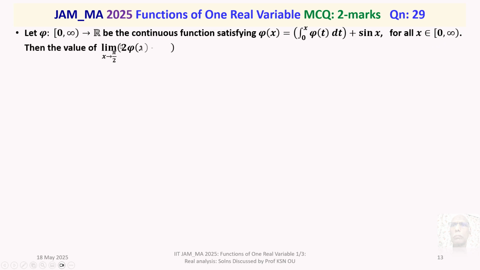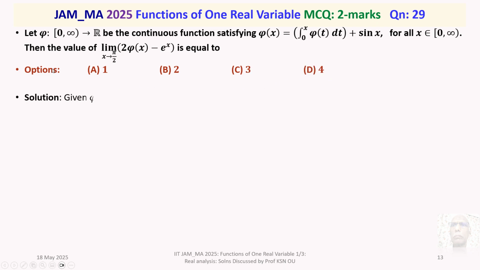Then the value of limit x tends to pi by 2 of, in brackets, 2 times phi of x minus e power x is equal to. We are given 4 options.